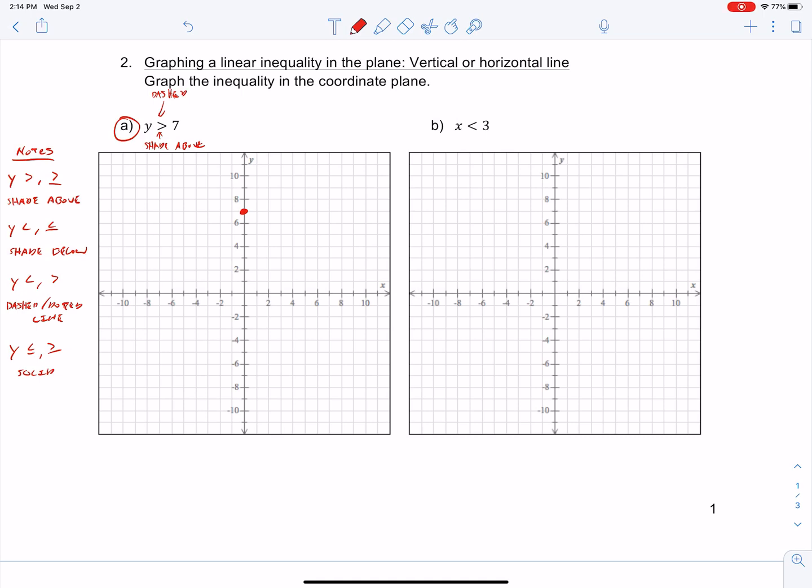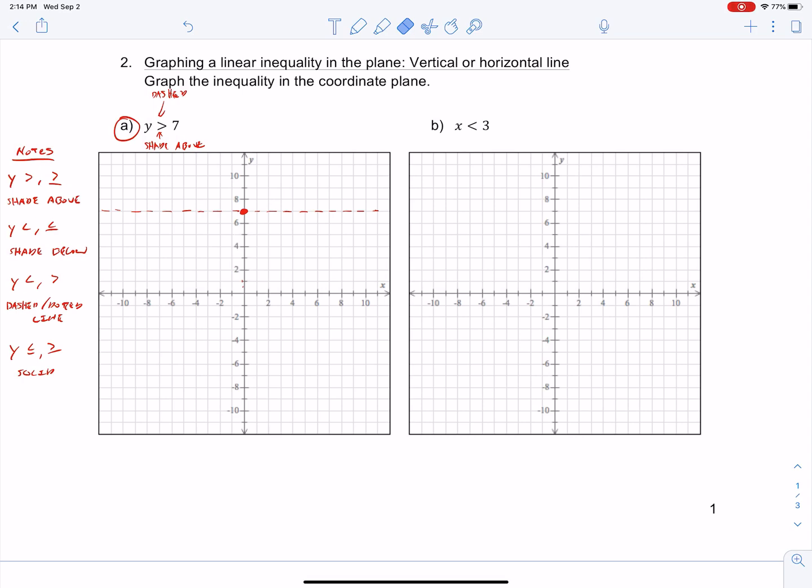And so let's do a dashed line here. Again, this is a horizontal line. You can tell it's horizontal too, because if I did a vertical line, it would be right down on the y-axis. That doesn't make too much sense for what we're doing.